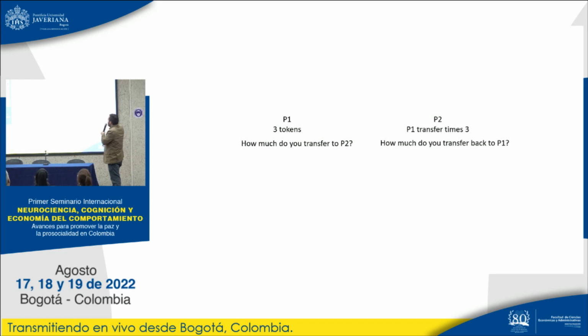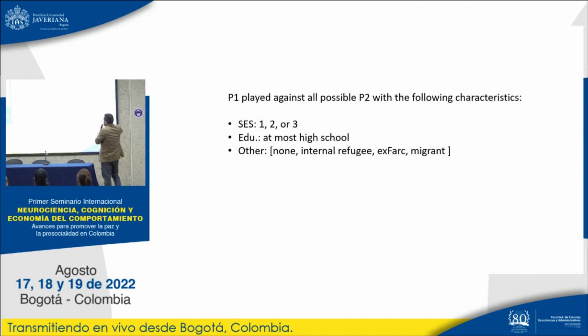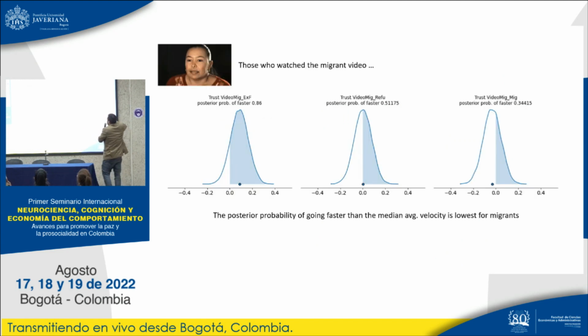So the model was significant. We can continue. Here I remind you, you have 3 tokens, how much to assign, and then to send back to player 1. If I had to trust player 2, it is the same design. What we have is the same pattern. The video of migrants reduces a little bit more the possibility of being faster when I am going to trust a migrant.